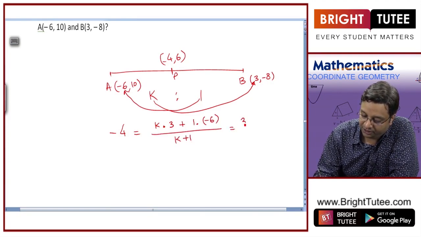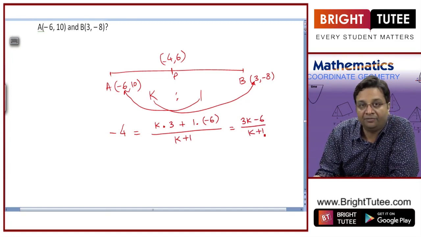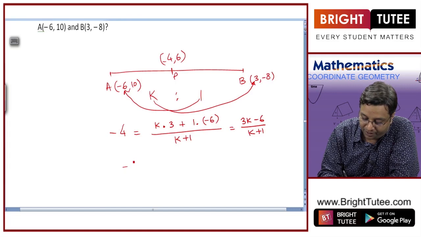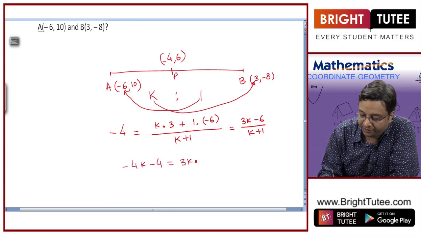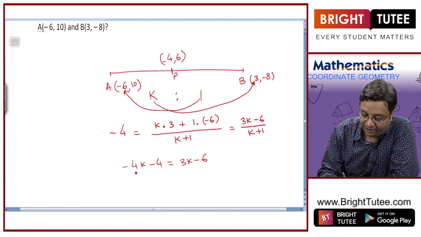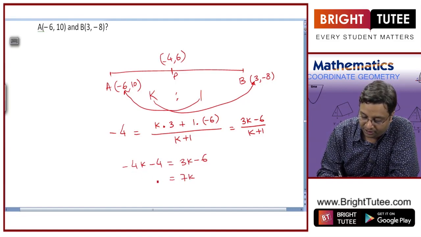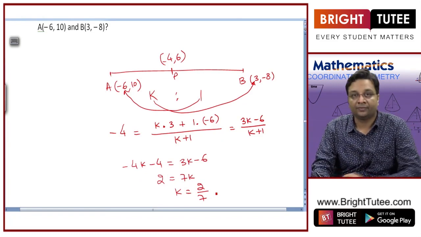So it will give you 3k minus 6 divided by k plus 1. If I now cross multiply, it will give me minus 4k minus 4 equal to 3k minus 6. Then 7k will be equal to, this 6 will come here, 6 minus 4 is 2, so k will be equal to 2 by 7.